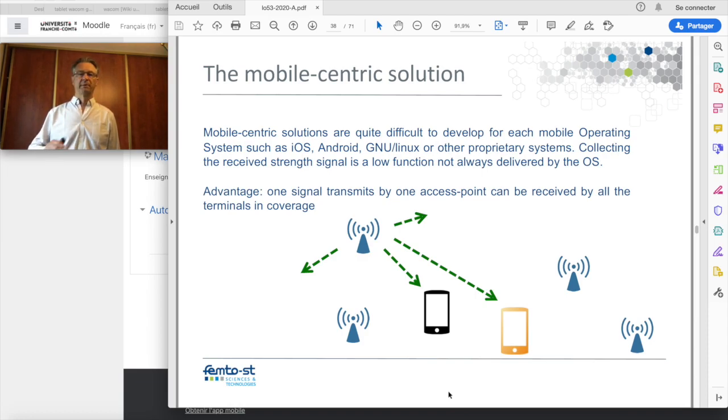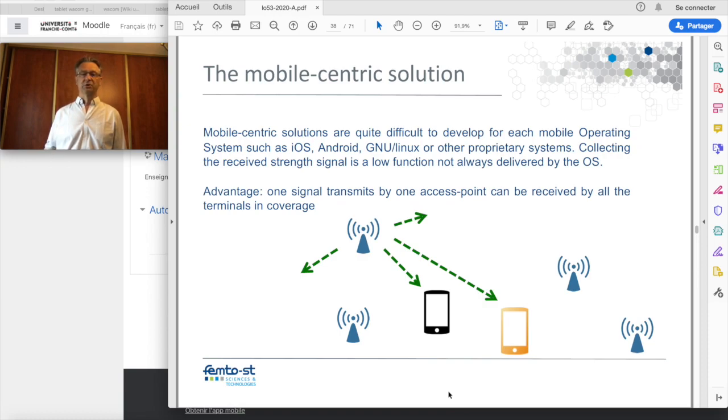For example, for many years in iOS, it was not possible to collect this information. It was blocked. Now you can manage a contract with Apple in order to have access to this information. So it's not as easy as we hope.